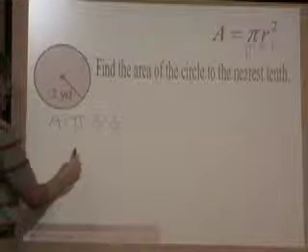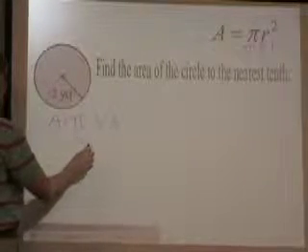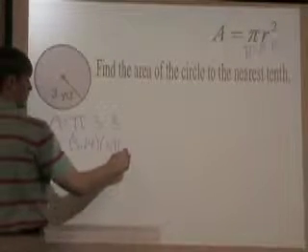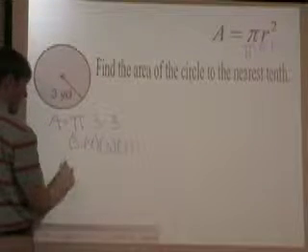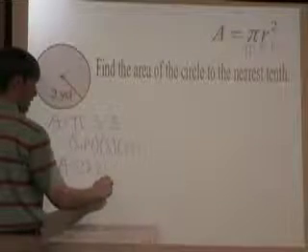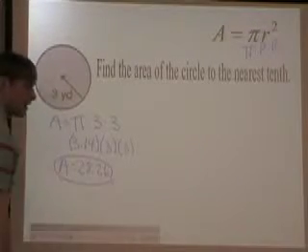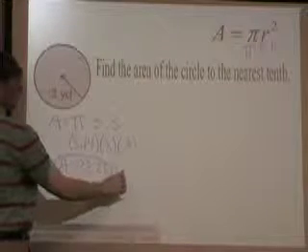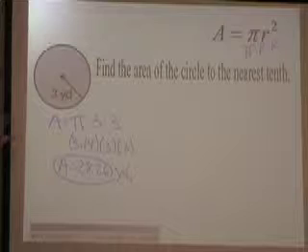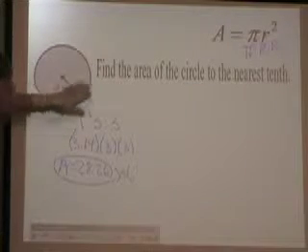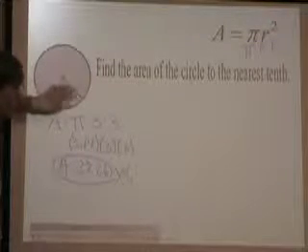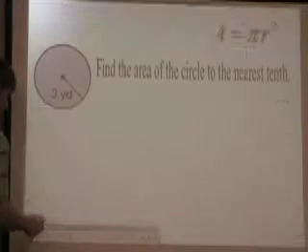In your calculator, type 3.14 times 3 times 3, and that will give you the area: 28.26. Now you want to use your units, so you say 28.26 yards. If you had a circular field, the area inside would be 28.26 square yards. Okay, let's look at another one.